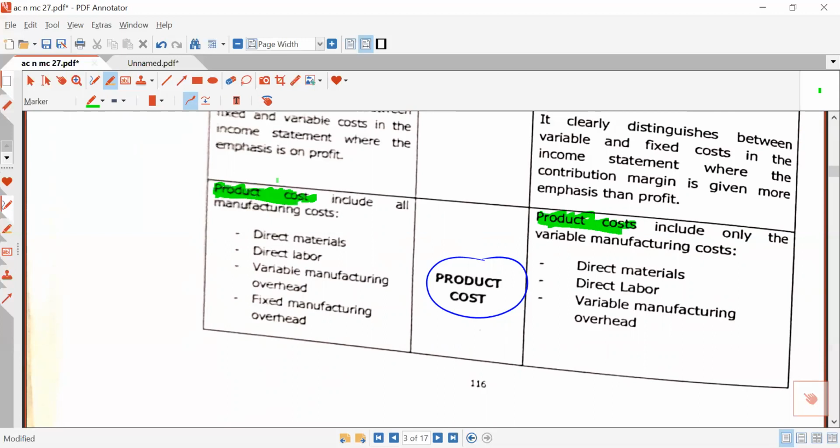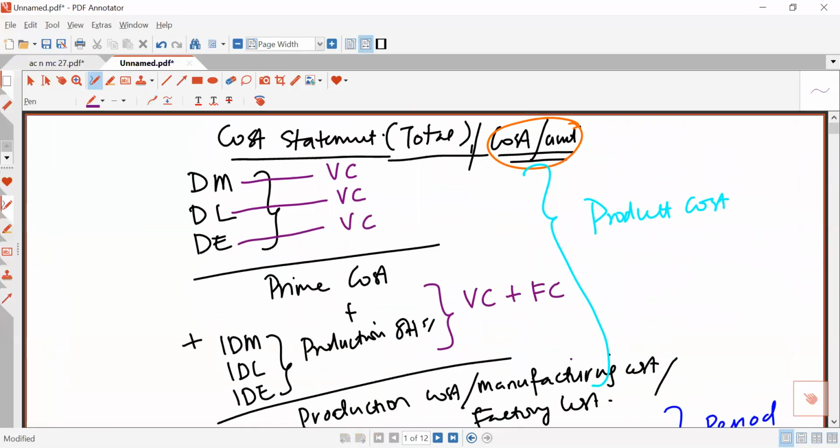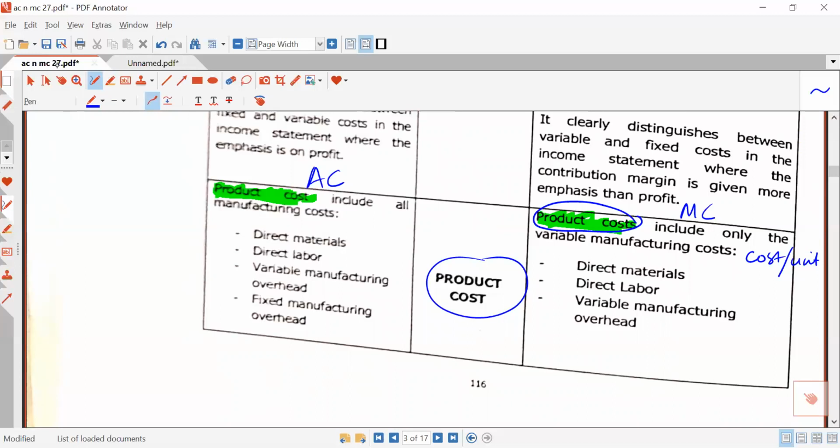Remember that this is your MC and this is your AC. We're trying to calculate your product cost in terms of cost per unit, as I said here.